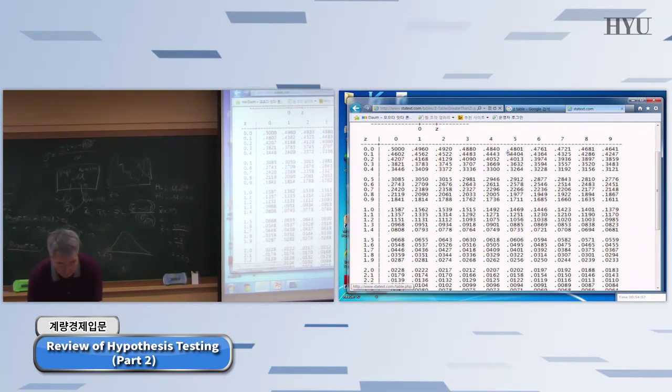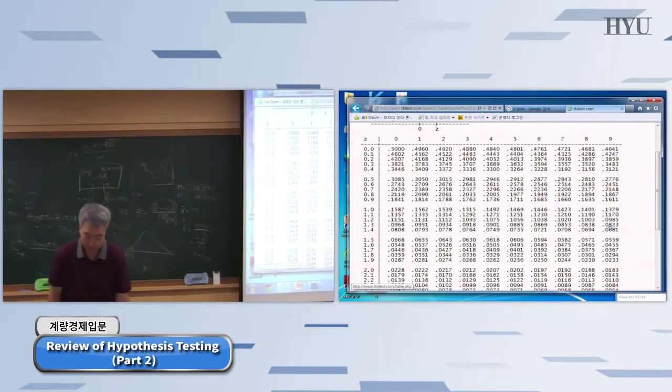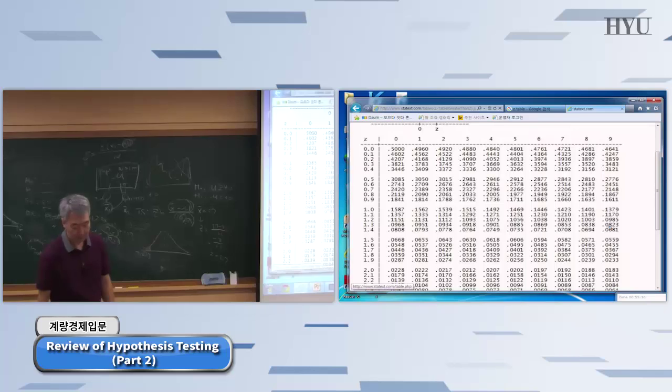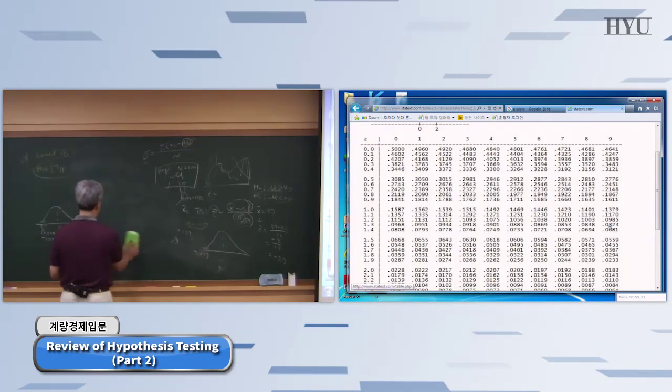So if you have 1.28, you look at 1.2 here and go all the way across to 8. So that number is 0.1003.